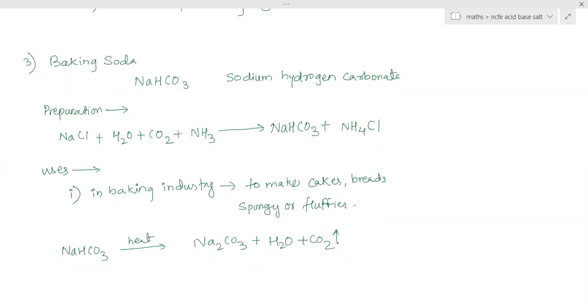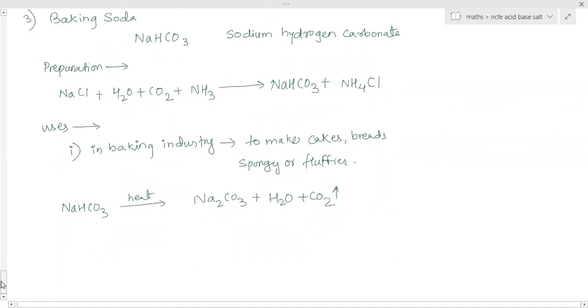Around each bubble of carbon dioxide there is batter. When heating takes place, the bubble remains in the same position and the remaining part solidifies. When solidification takes place, holes remain wherever the carbon dioxide was present, and the carbon dioxide moves out through those holes when we take it out.